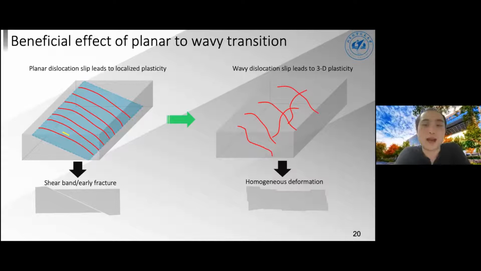And therefore it might lead to stress concentration and provide a nucleation site for early fracture. In sharp contrast, a wavy dislocation slip means that the dislocations are distributed all over the place, leading to a homogeneous partition of the plastic strain, which can sustain the work hardening of the material. And therefore, the ductility of the material will be better if you have a wavy dislocation slip.